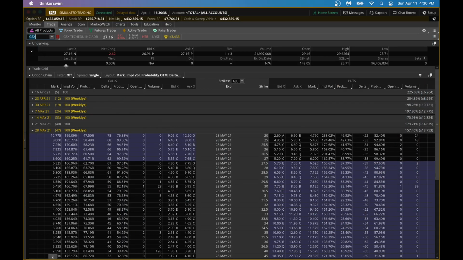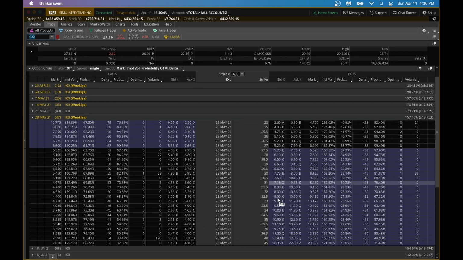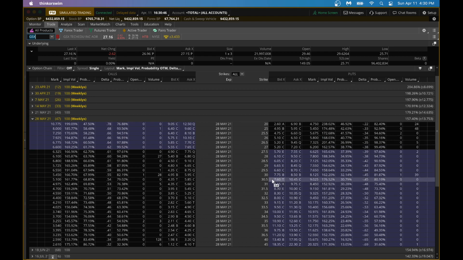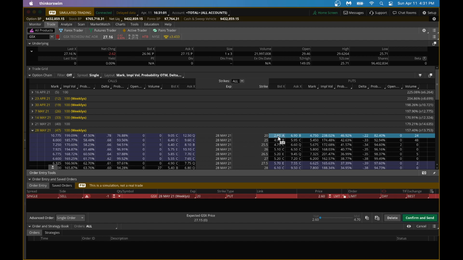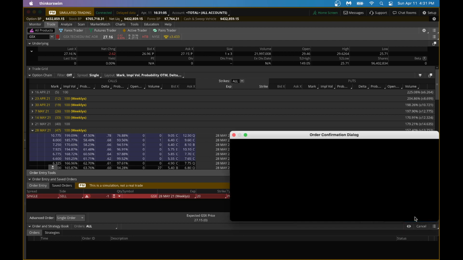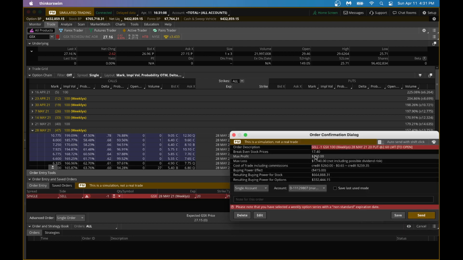Given the stock is at $27, a low price, let's see what we can do here. One thing you can do is sell the put option outright. You could go right here to the 20 level and sell a put option, collect $2.60, and if you confirm and send, if the stock is above 17.40, you'll break even. You'll get $260, which is max profit.